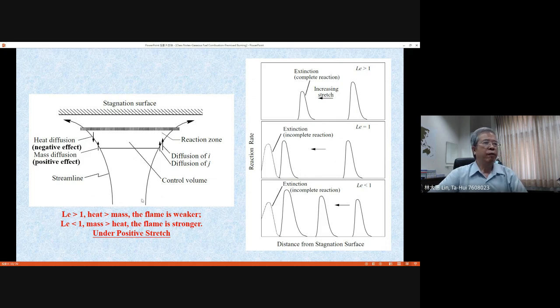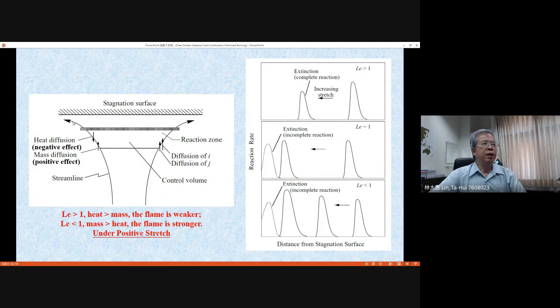Now if you have a fresh flow coming from very far upstream, approaching the edge of the preheating zone here, up to here the process is governed by diffusion. Mass diffusion will point to the flame surface. This arrow represents the mass diffusion direction.